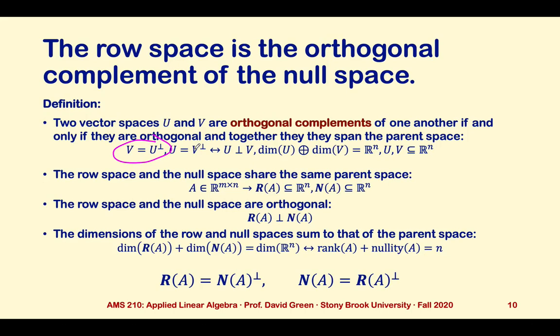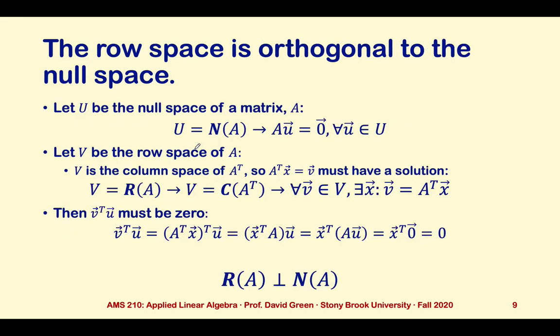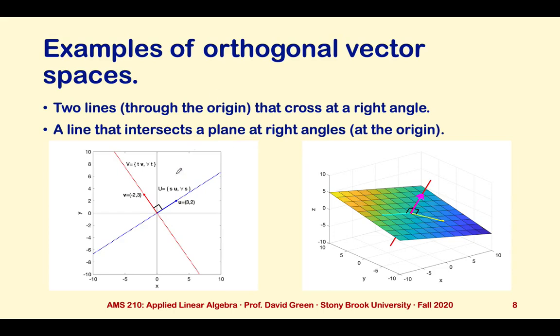In the two examples we just looked at, let me go back and take a look at these. Both of these pairs of vector spaces were in fact orthogonal complements. We had two lines in 2 dimensions. Two linearly independent vectors in 2D span the entire space, and these vector spaces are orthogonal.